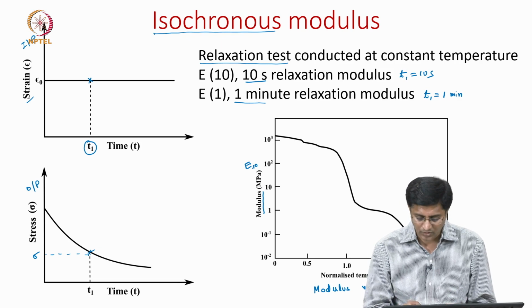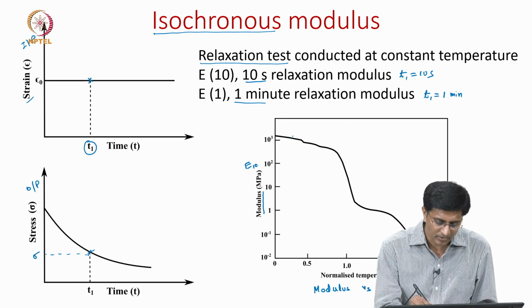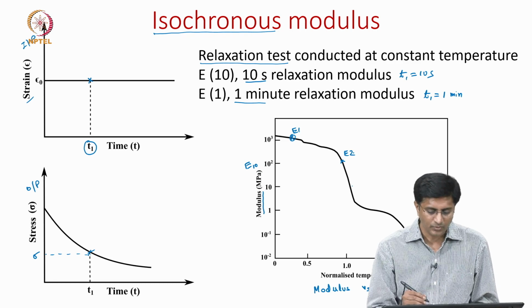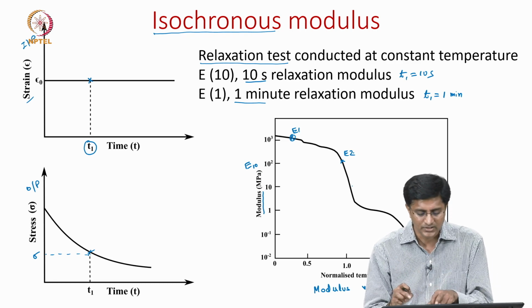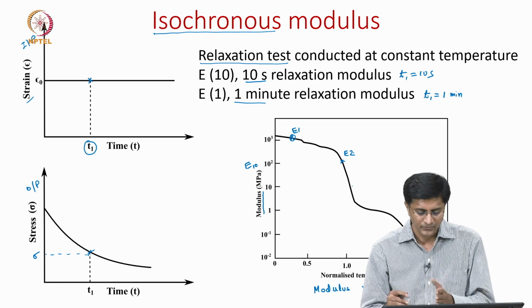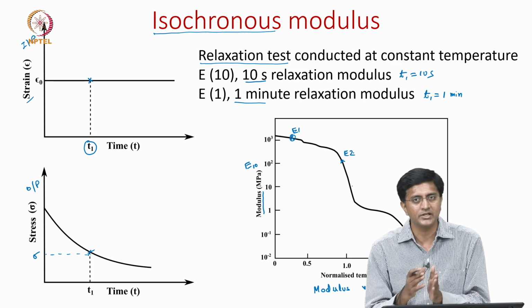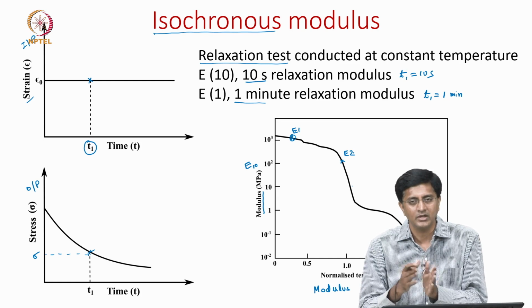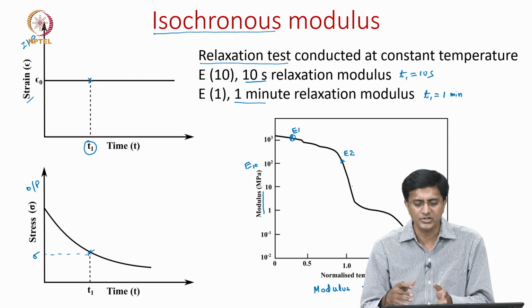So, for example, here we are looking at variation with temperature. Let us say you do an experiment, this is your experiment 1 and this is your experiment 2. Basically you do 2 relaxation tests at 2 different temperatures. Let us say this E1 is done at a very low temperature, let us say at 0 degrees, and E2 is done at a relatively higher temperature, maybe at room temperature.